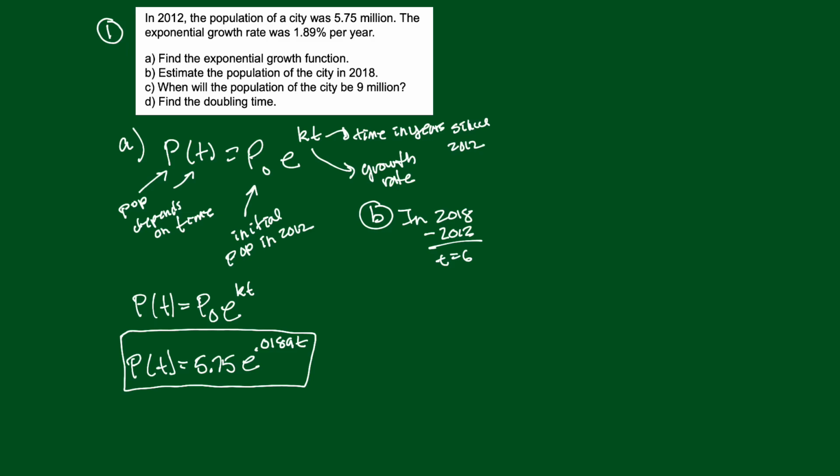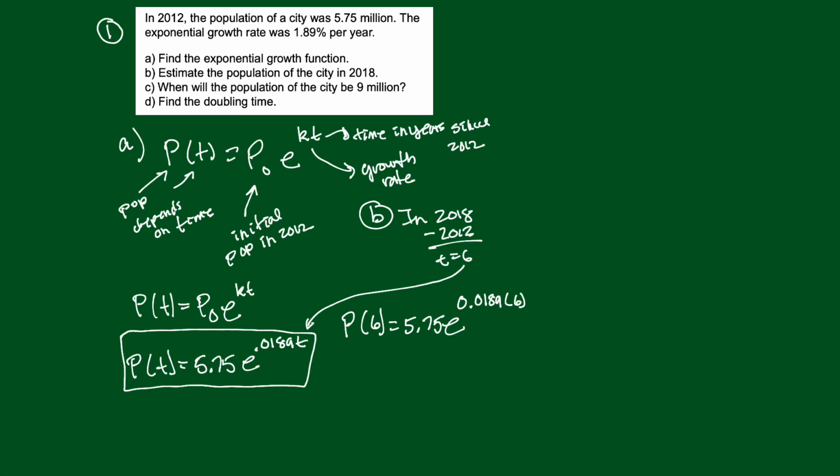So let's put 6 in for t. So I'll put that 6 right in here. So here's how I'll write it. P of 6, the population 6 years after we start, is 5.75 e to the 0.0189 times 6.